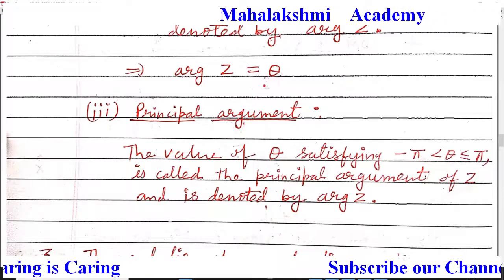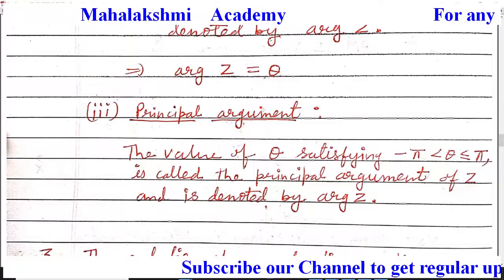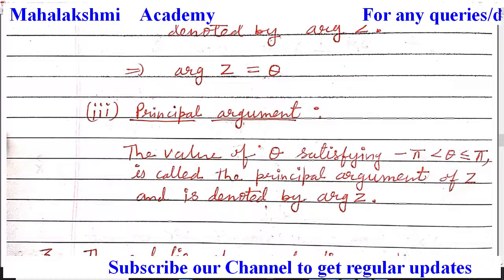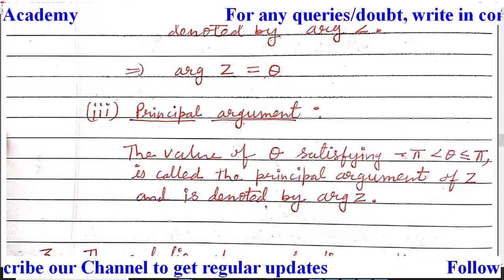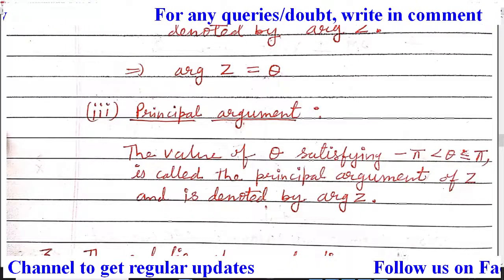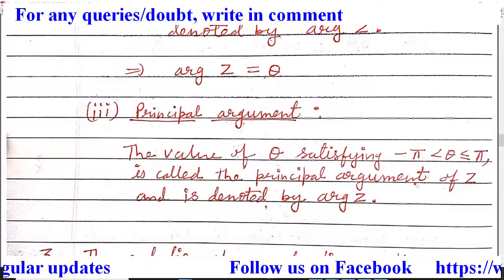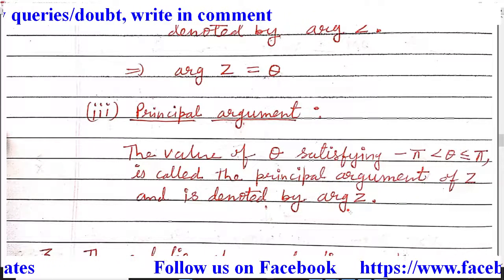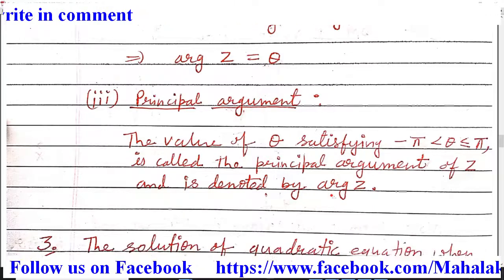Because theta is not going to be unique, there are going to be many values which can satisfy the particular condition, but all the values of theta which are greater than minus pi but less than or equal to pi are named the principal argument of z, and it is again represented by the same arg z, which we had used here.